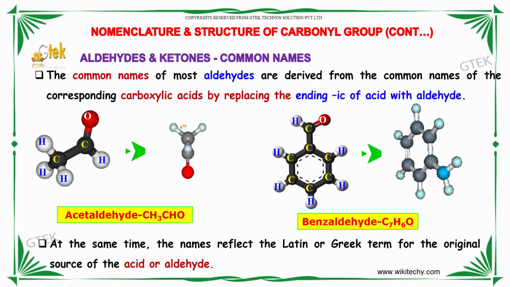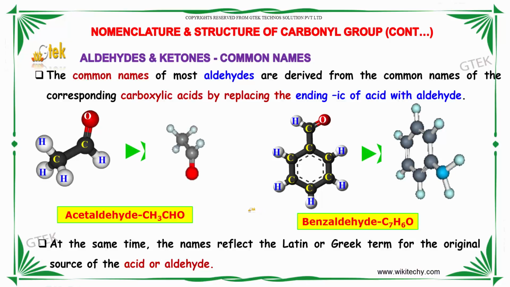For example, if we have acetic acid, the last two letters IC are replaced by aldehyde, and we obtain acetaldehyde. Similarly, for benzoic acid, the IC is replaced by aldehyde. Therefore, we get benzaldehyde.